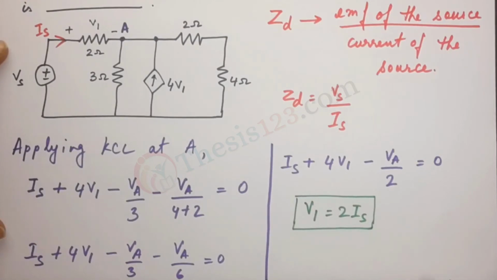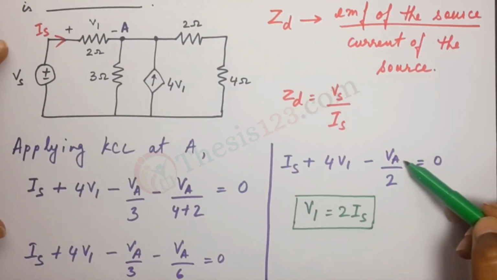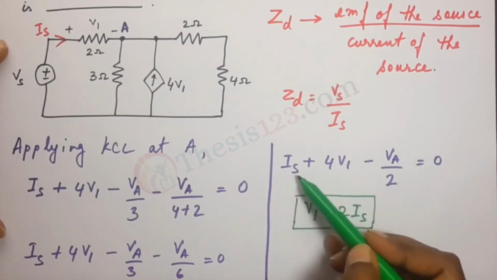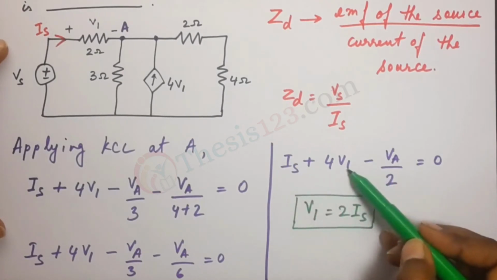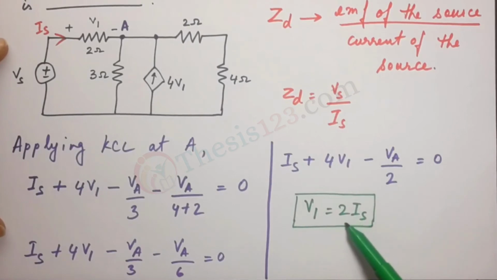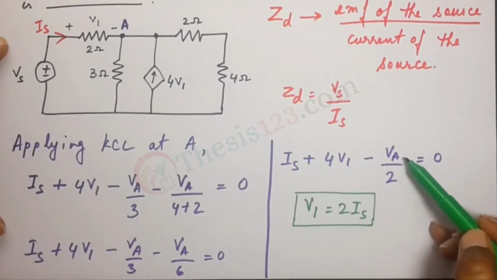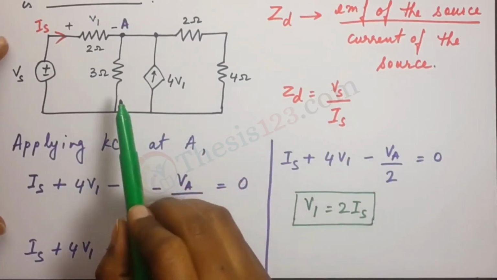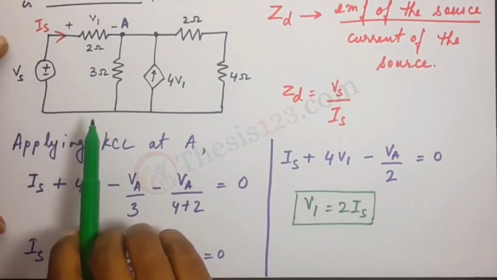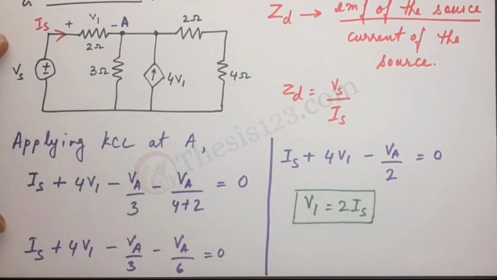Now the next relation. We need to eliminate VA over here. In this equation we have Is, we have V1 and we have VA. V1 we can write in terms of 2 Is. Now we need to eliminate VA. So let's look at this circuit once again and try to write down an expression for VA in terms of Is.